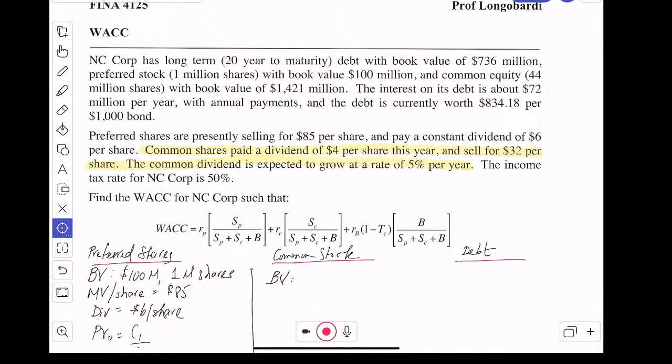Paid a dividend of $4 per share. And sells for $32 per share. The common dividend is expected to grow at a rate of 5% per year. Where's the book value? Do I have it? Oh, it's up there.